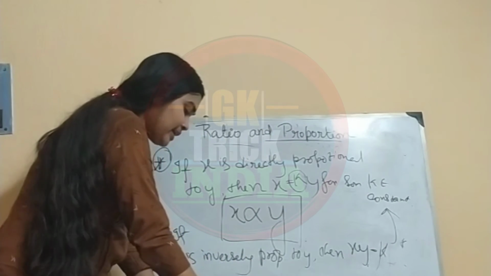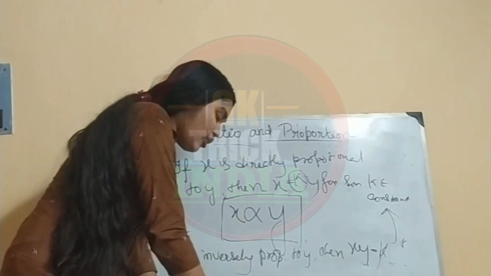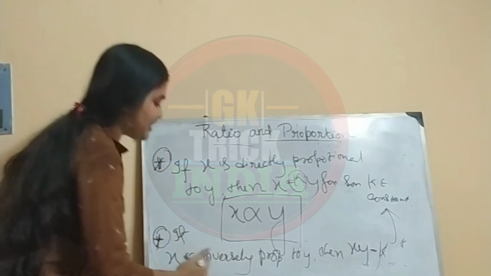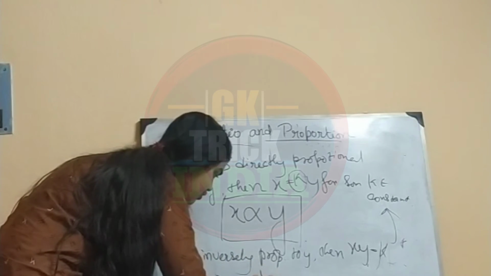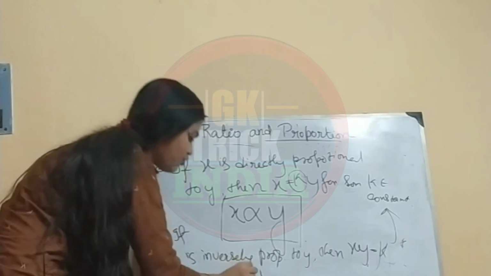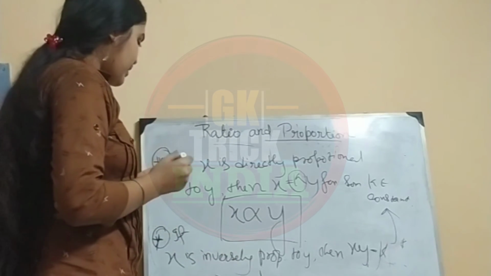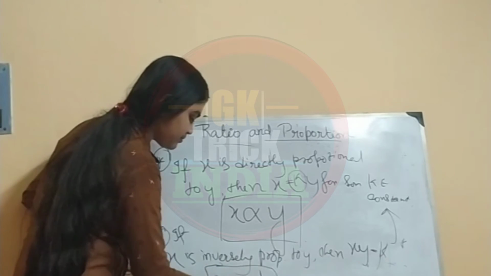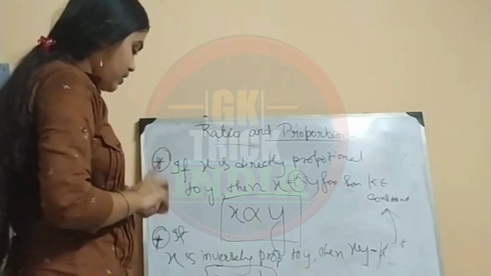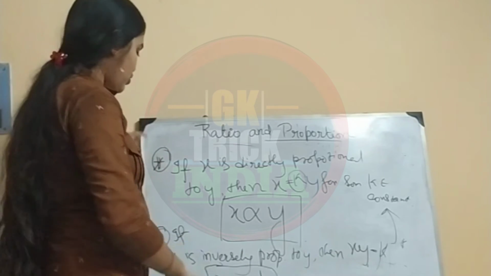It can be written in the form x inversely proportional to y means x proportional to 1 by y. Okay guys, so we have to remember these two. Please note it down. Okay, I think you have noted it down.